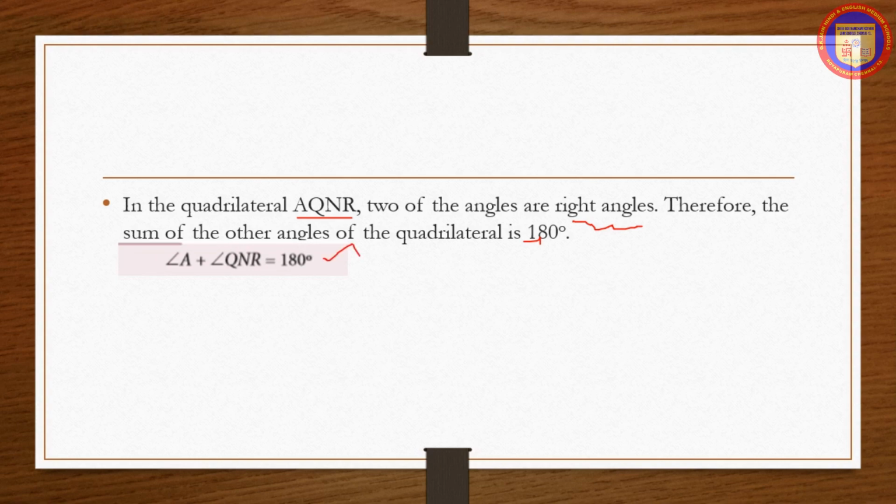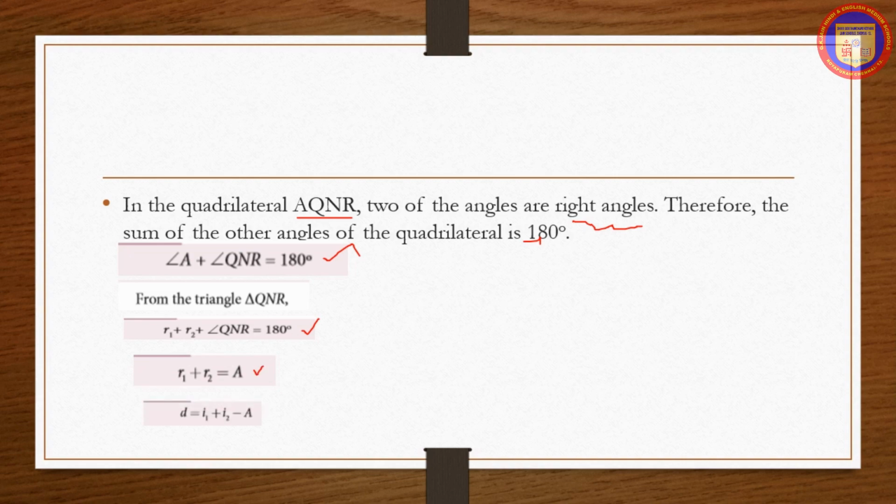For the triangle QNR, the sum of the angles is also 180 degrees. So R1 plus R2 plus angle QNR is equal to 180 degrees. Comparing the above two equations, the right hand sides are equal, so comparing the left hand sides, angle A is equal to R1 plus R2. Substituting this value, the deviation D is equal to I1 plus I2 minus A.